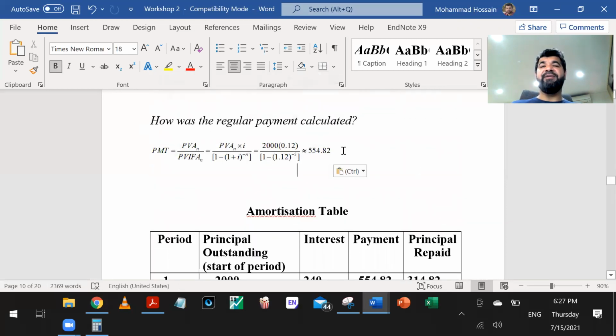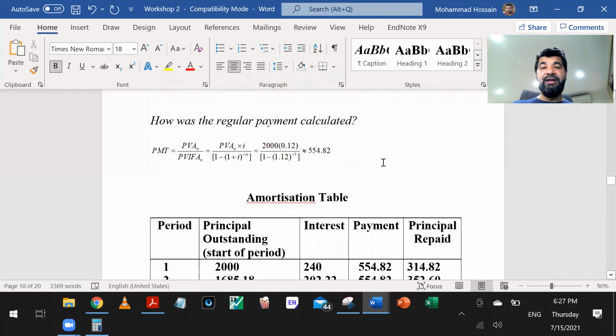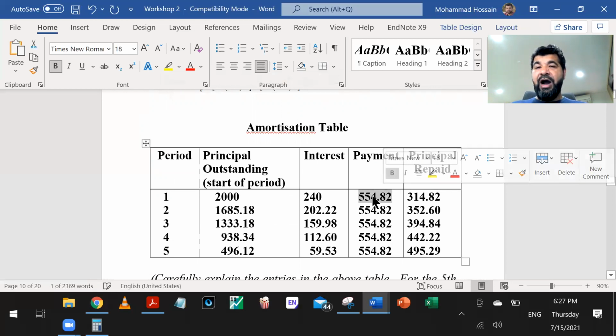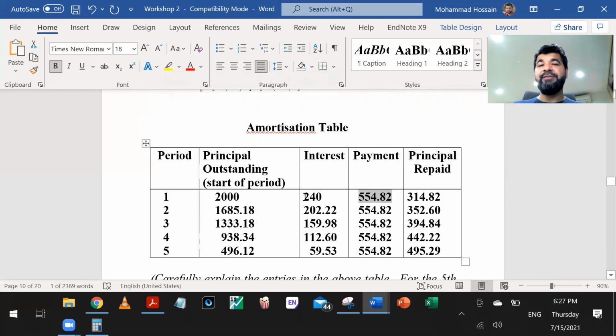The payment is 554.82. You're making the payment every month. Now you see here, when you make a payment every year, you're making a payment of 554.82. Out of this 554.82, 240 is your interest. How much is your principal paid?